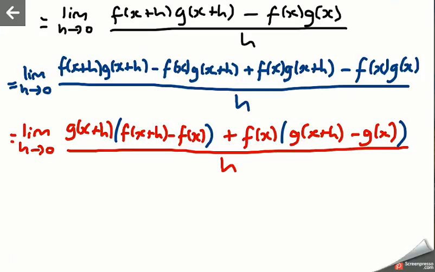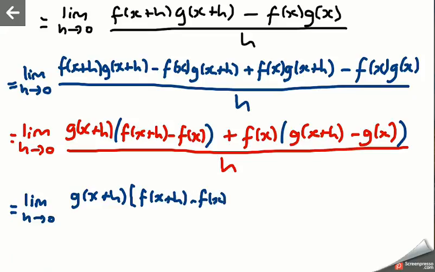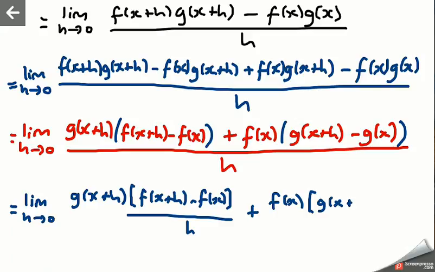Now we're going to split this fraction up, and we'll do it in two steps so as not to be confusing. This is equal to the limit as h gets closer and closer to 0 of g of x plus h times f of x plus h minus f of x, and that whole thing divided by h, plus f of x times g of x plus h minus g of x, and then that whole thing divided by h.